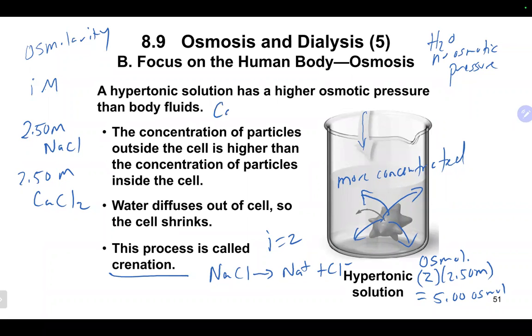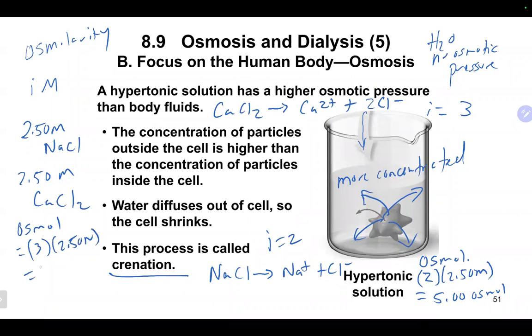If we look at the next solution, which has the exact same molarity but is a calcium chloride solution, it breaks apart into a calcium ion and 2 chloride ions, as we talked about earlier. That means i in this case will equal 3. So to calculate the osmolarity for this one, we take 3 times 2.5, and that gives us 7.5 osmolarity.